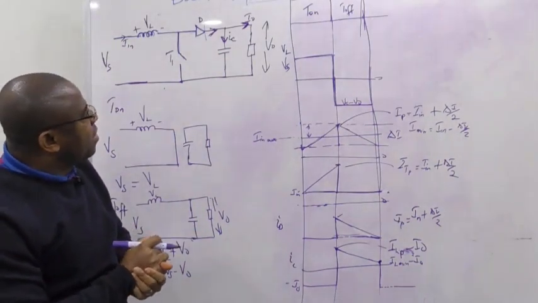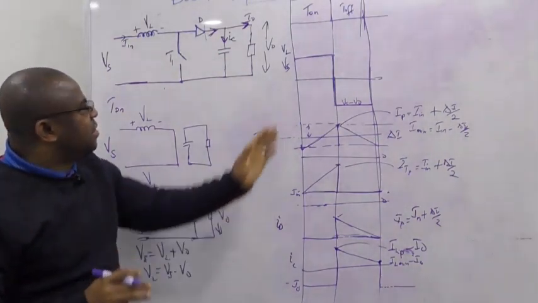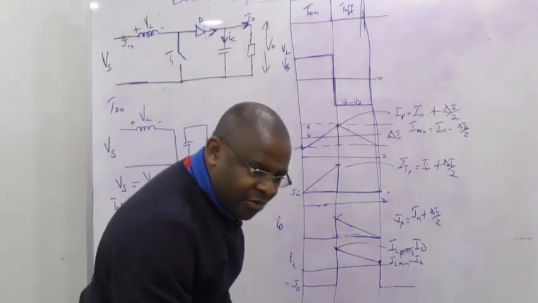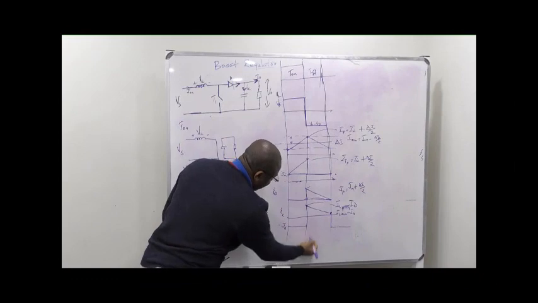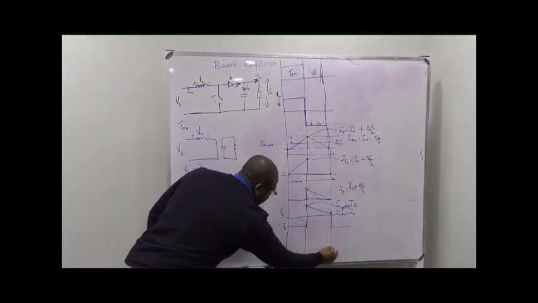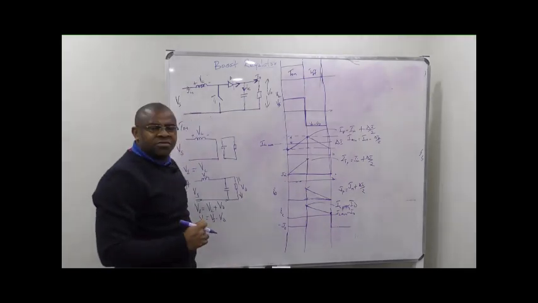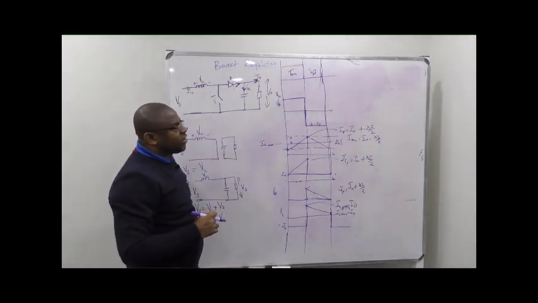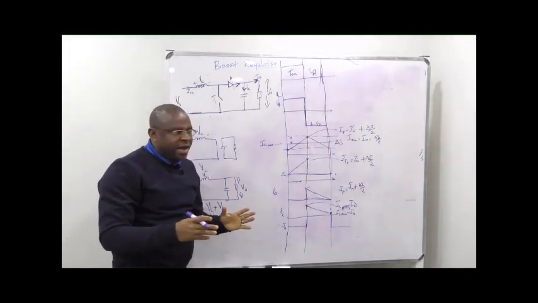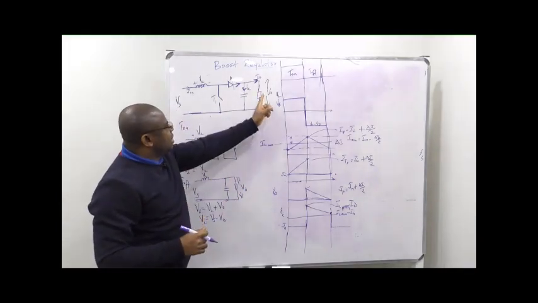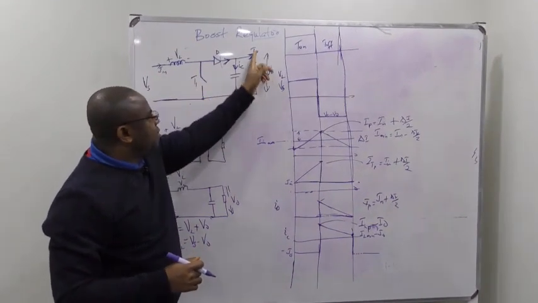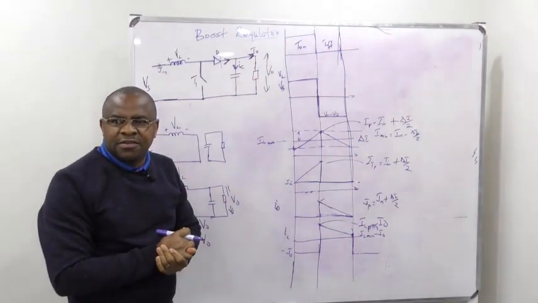Okay, what happens to the load, the voltage? Let's check what happens to the voltage. VO. Now remember that this voltage, as time of on, once you plug this, what happens to the output voltage?